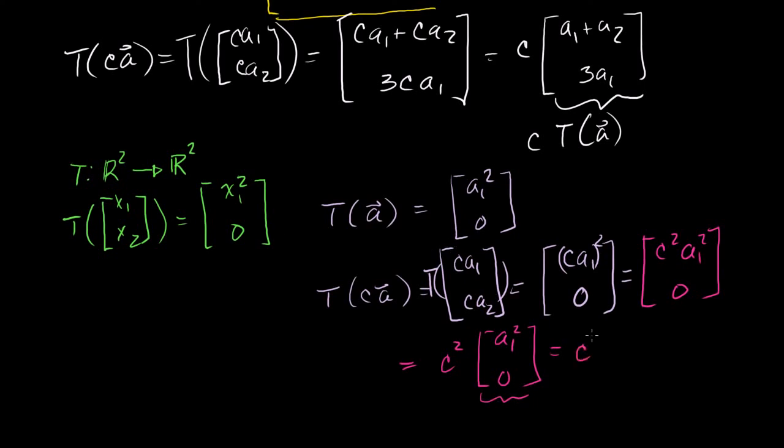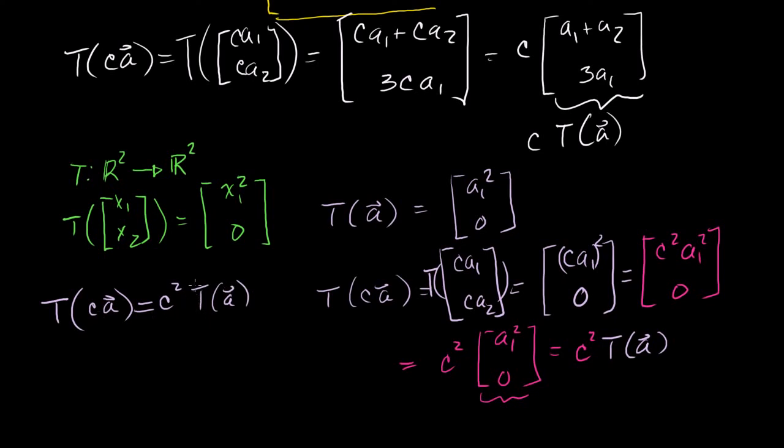So this is equal to c squared times the transformation of a. So what I've just showed you is that if I take the transformation of a vector being multiplied by a scalar quantity first, for this transformation that I've defined right here, that's equal to c squared times the transformation of a.